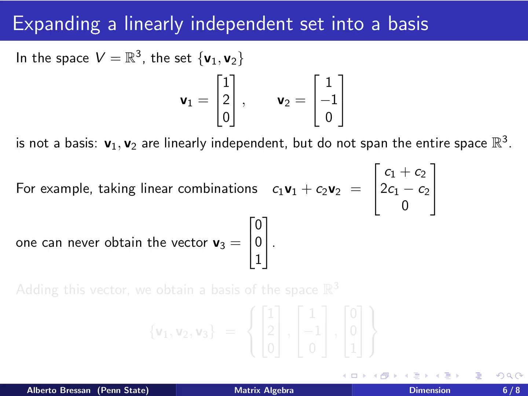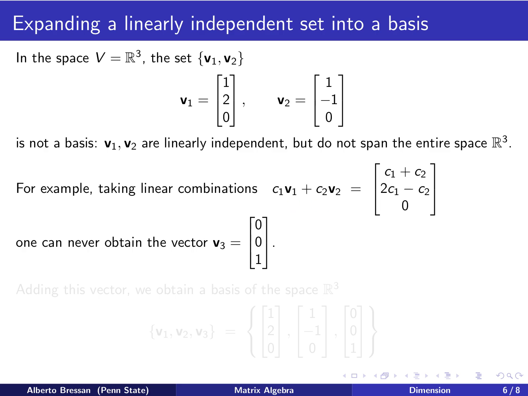We can take a closer look to see that. For example, if you take any general linear combination, C1V1 plus C2V2, and you do this calculation, you will have C1 plus C2 on the first element, 2C1 minus C2 in the second element, and the third one will always be 0.